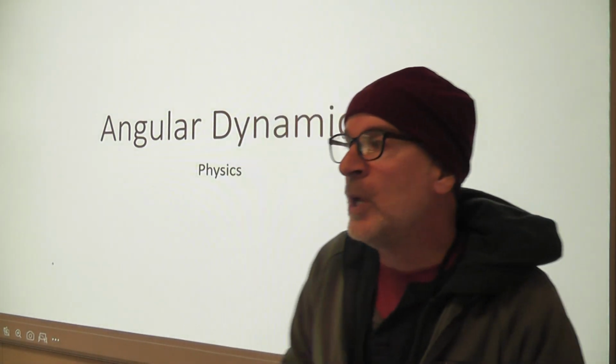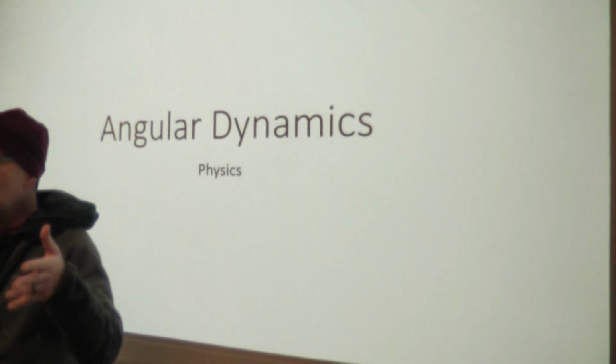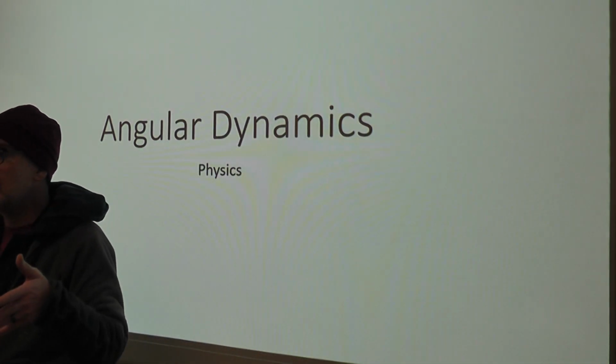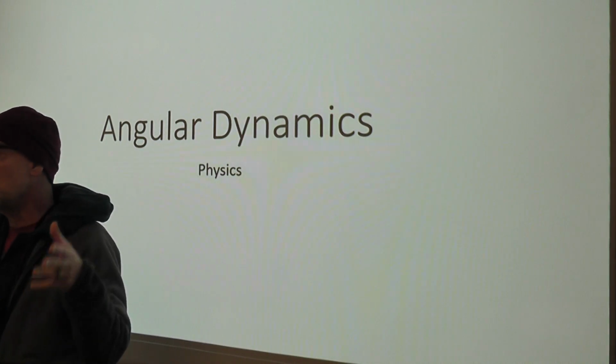And then we also looked at the idea that we can take all of our kinematic equations that we used under conditions of constant acceleration, and they all still work. We just have to use those weird new variables.